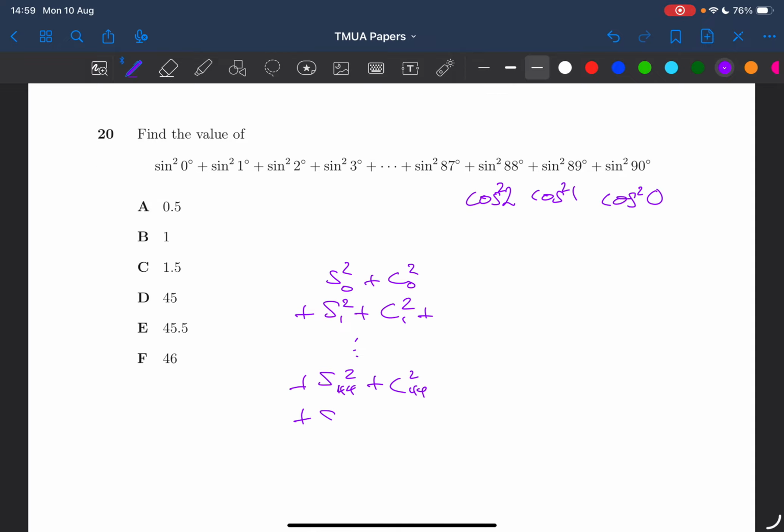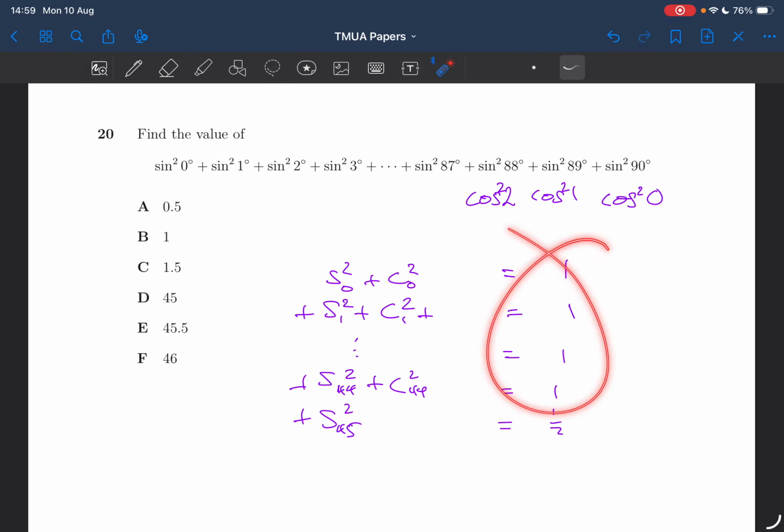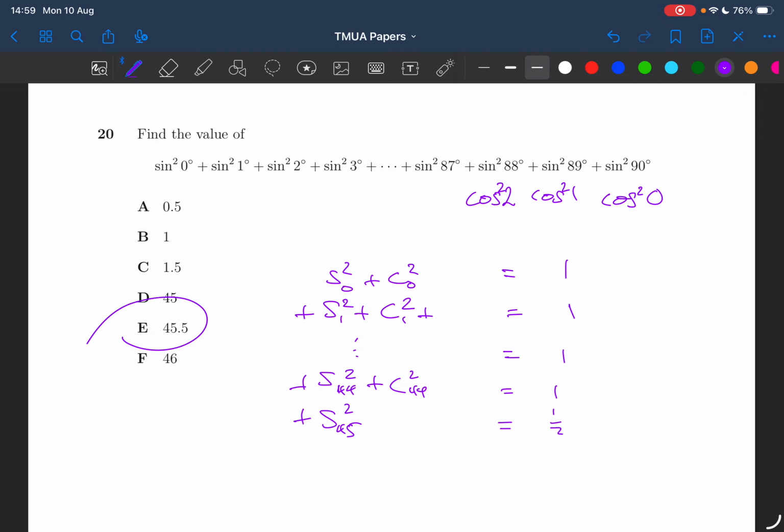But then we just have left over sine squared of 45. All of these are just 1 because it's like cos squared plus sine squared is 1. And then the last one we have at the end, what is sine of 45? Root 2 on 2. Squaring that, it's a half. So we have 45 ones and a half gives us 45 and a half.